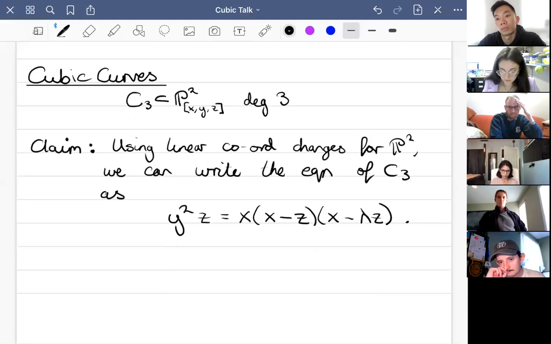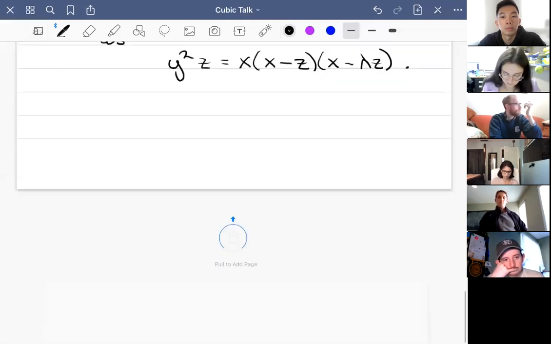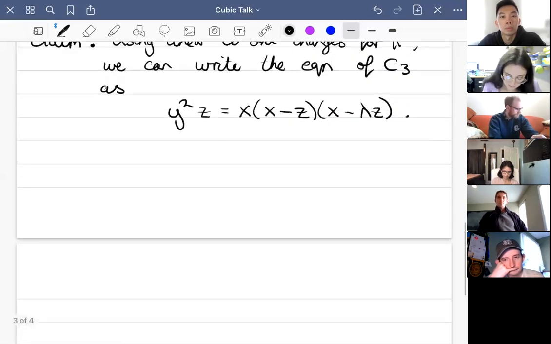I'm not going to prove this. It's believable, you're just doing linear coordinate changes. Okay, so here I should mention, I only really care about smooth things. So I'm only interested in smooth hypersurfaces.